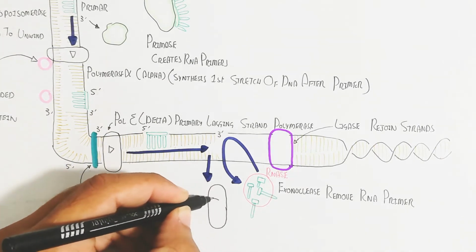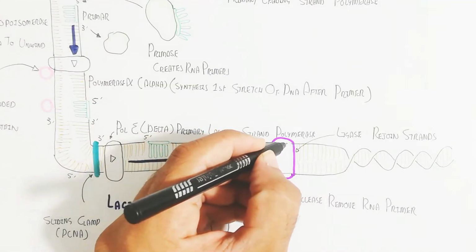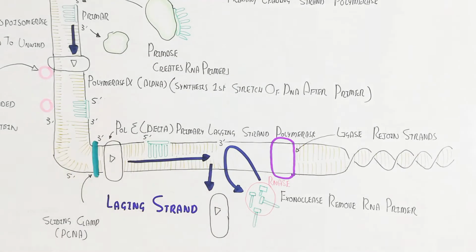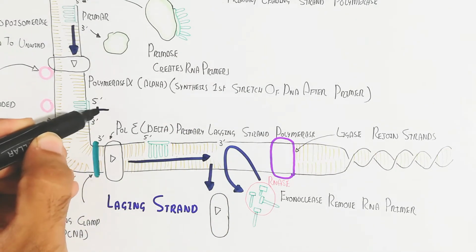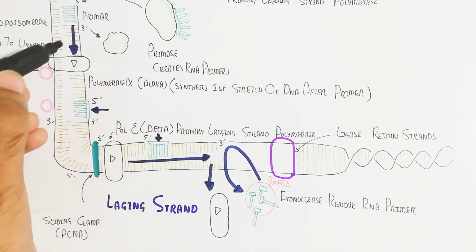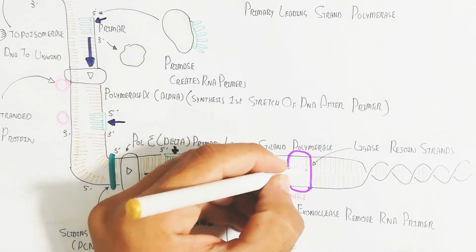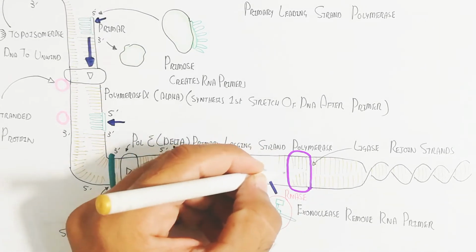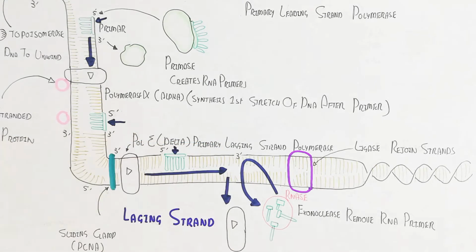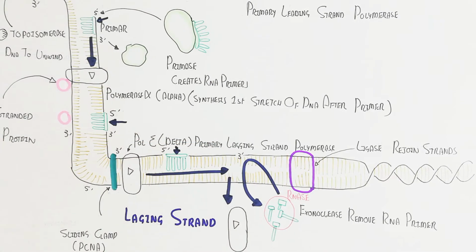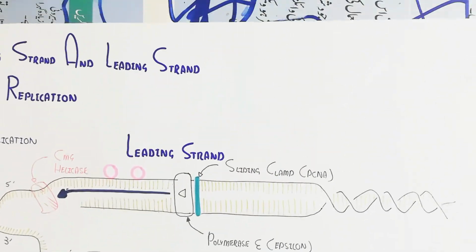In this way, away from the replication fork, after the release of polymerase delta, the polymerase and ligase rejoin the lagging strand. Here is a primer site and here is a primer site. The exonuclease enzyme is used to remove this primer and add nucleotides, to complete the synthesis of the lagging strand and complete the replication.